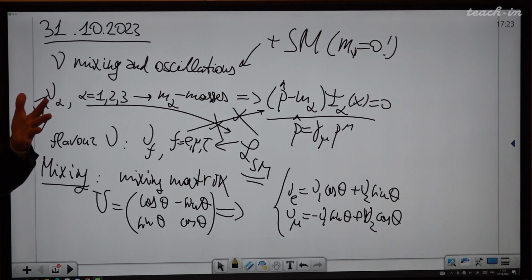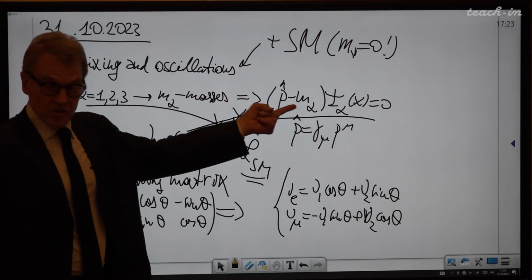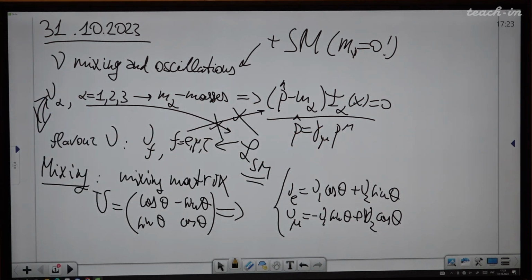We can do this because we know the equation of motion for these neutrinos. We postulate that the equation of evolution of mass states is a Schrödinger-like equation with the corresponding Hamiltonian, and we also suppose that neutrinos are relativistic particles. We know how energy and momentum are related for each mass state.